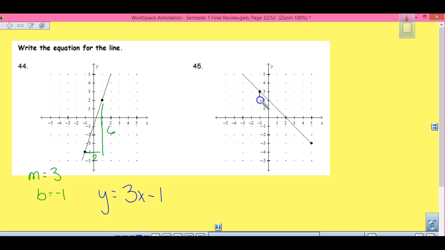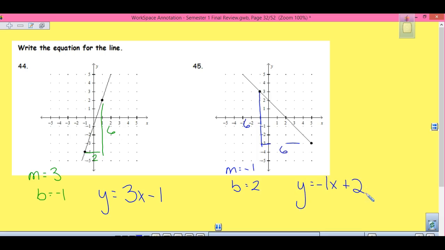Okay, this guy. What's my rise? 6 again. What's my run? Oh, my slope is, careful, negative 1. There you go. My y-intercept is 2. So my equation is negative 1x plus 2.